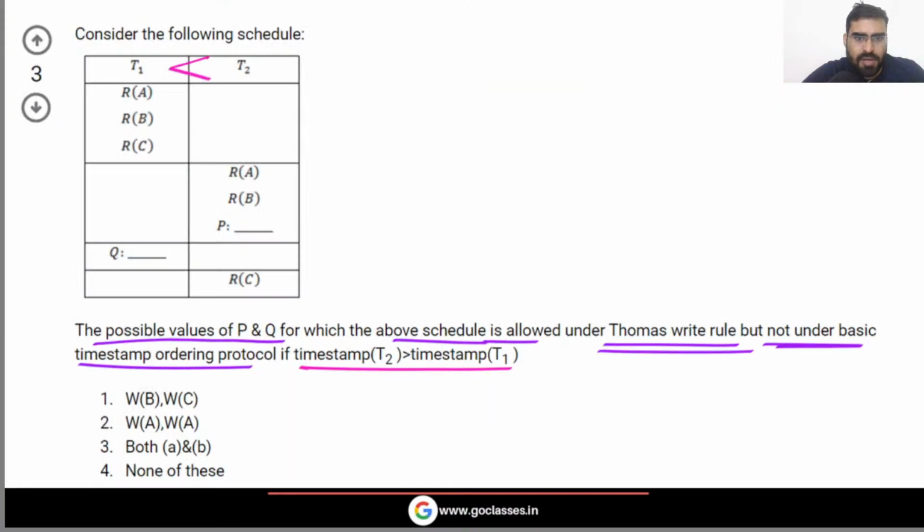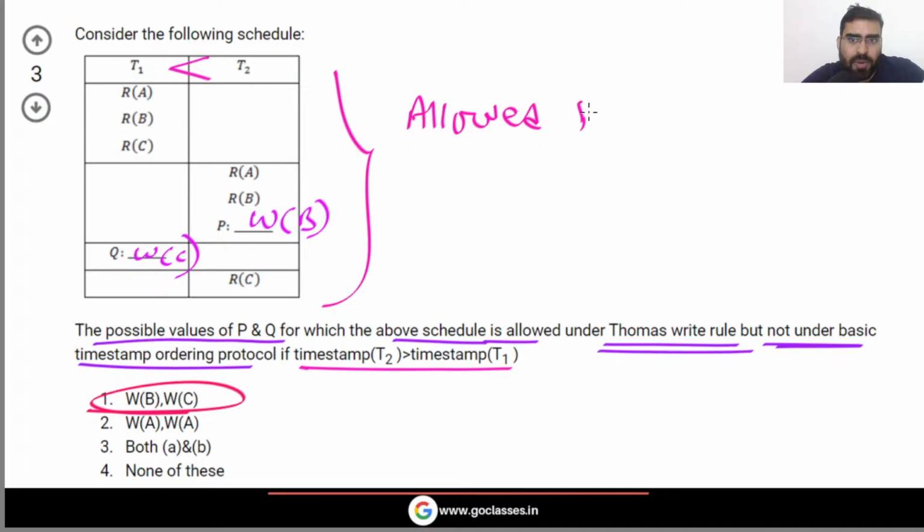Okay. Now let's see this question. Tell me the answer for this one. So let's check option A, WB, WC. If I put WB here, if I put WC here, is this allowed by TSP? Yes, this is allowed by TSP, right?